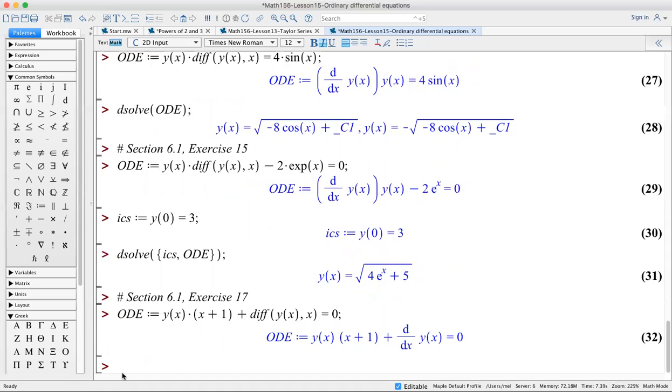And the initial condition is that y at minus 2 is equal to 1.